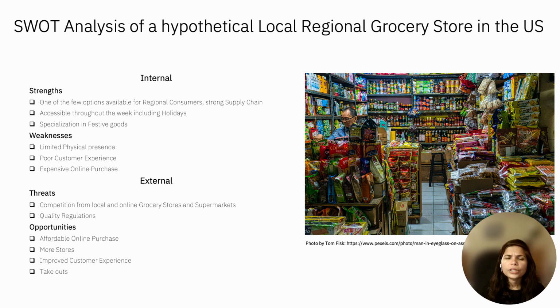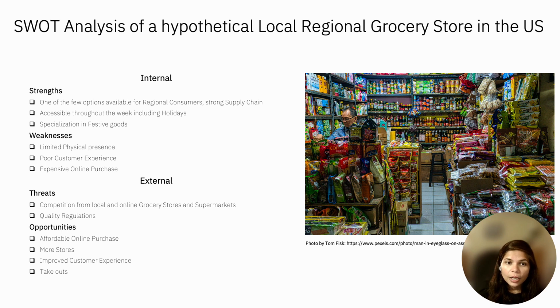Again, suppose it has a strong supply chain. Because of its strong supply chain, it has almost all the things which anybody would need in their homes for an Indian kitchen, or for an Indian festival, or for doing any kind of rituals or ceremonies.